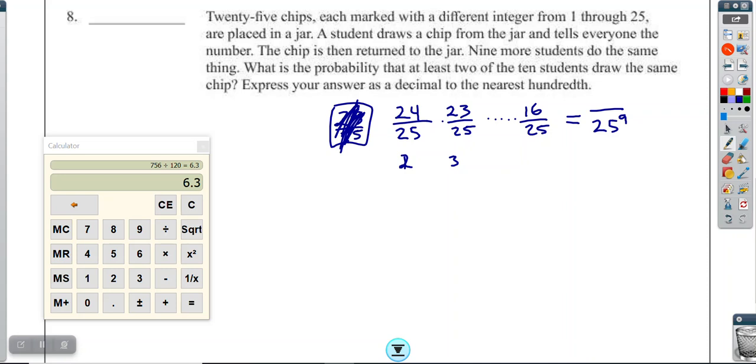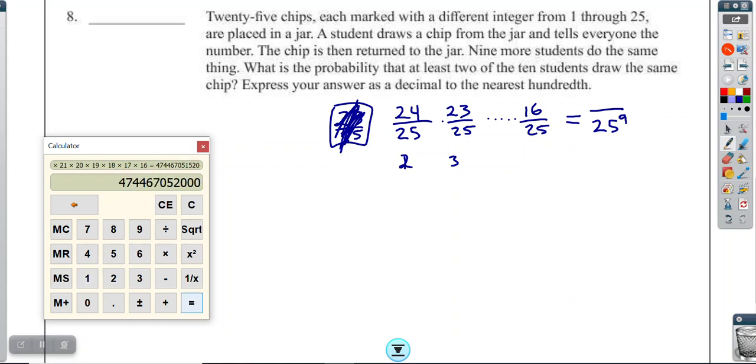So, okay, well, here we go. 24 times 23 times 22 times 21 times 20 times 19 times 18 times 17 times 16.